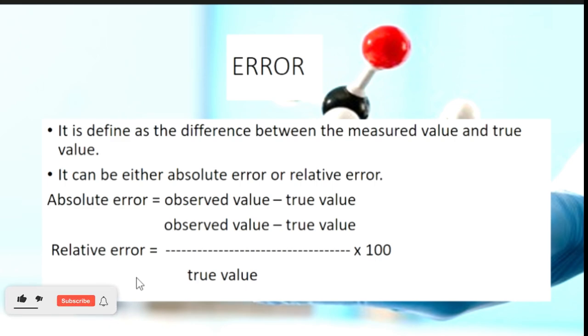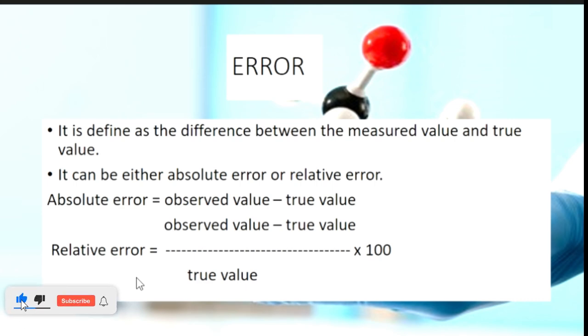Next is how to deal with the error. Error may be controllable or uncontrollable. It may be caused by foreign materials, which we may not know about; only after doing the experiment do we find out. So how do we correct the errors done unknowingly or knowingly?